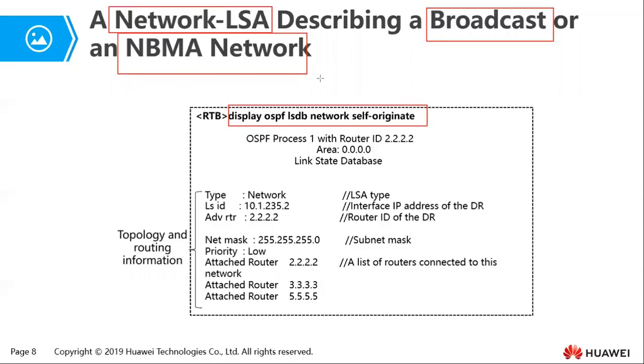For example, in that topology, RTB is the DR. So if we do display OSPF LSDB network self-originate, we can see that this is OSPF process 1 with router ID 2.2.2. We are on area 0, and this is the link state database.